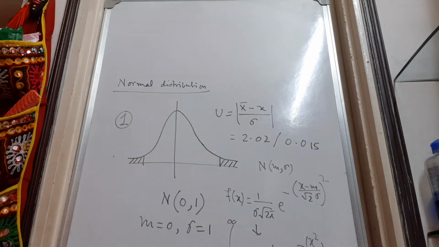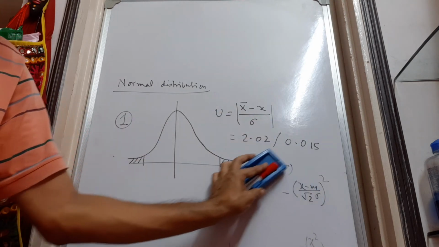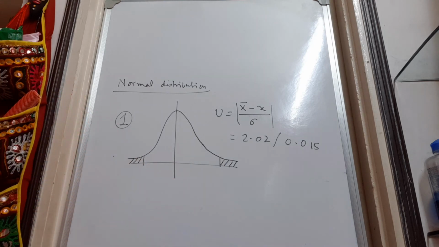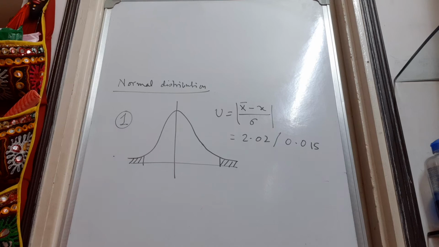Here we are doing the same thing of scaling with respect to the standard error, is it not so? We are dividing it by sigma and finding the deviation of the values of x around x bar. So, if we have calculated it to be 2.02, you can easily look for the value in the table.